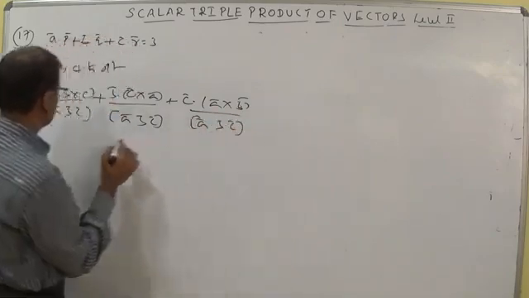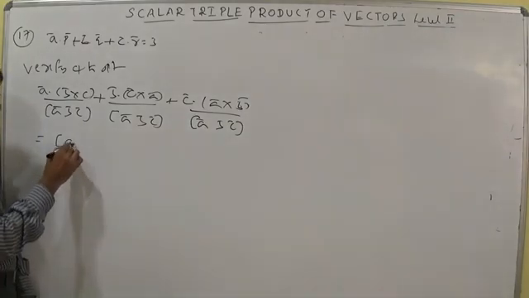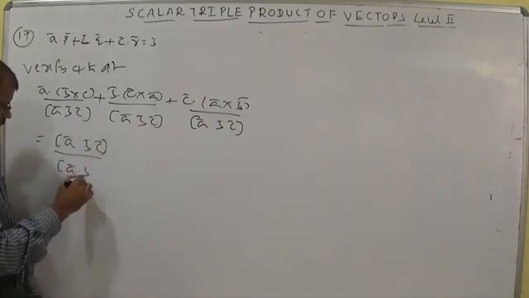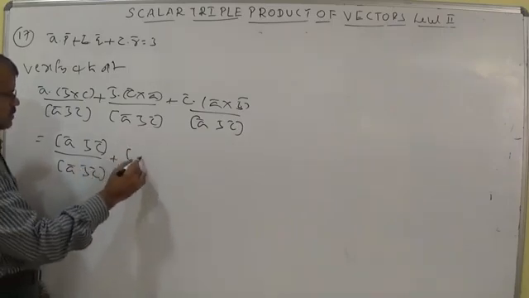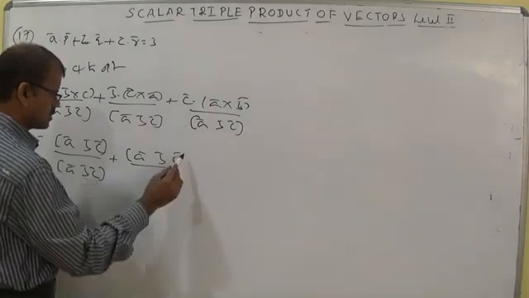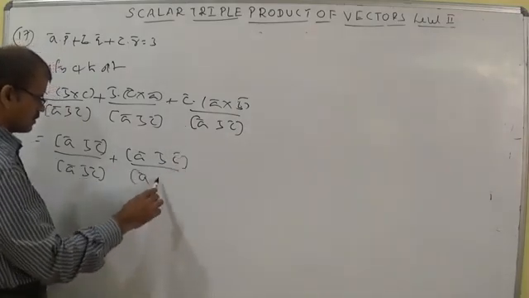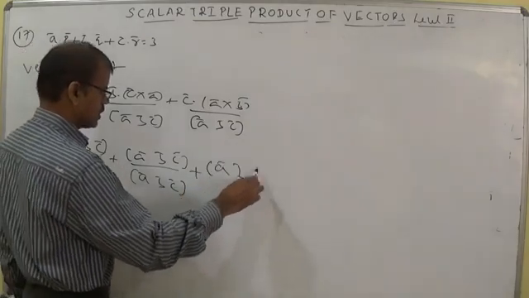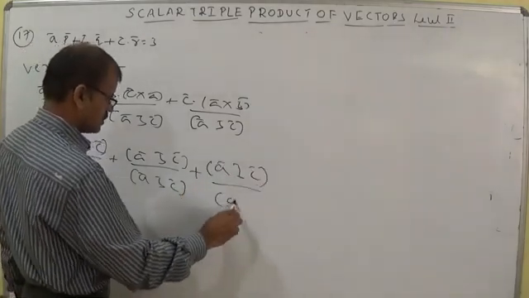So you can write overall box ABC by box ABC. For everything I am writing box ABC by box ABC, and this one also, and here also, box ABC by box ABC.